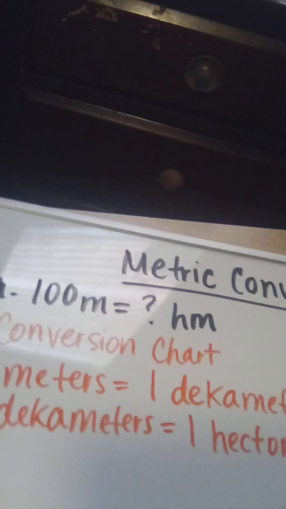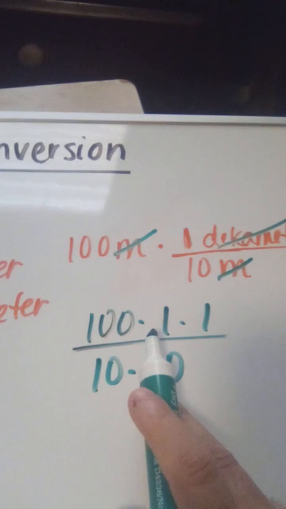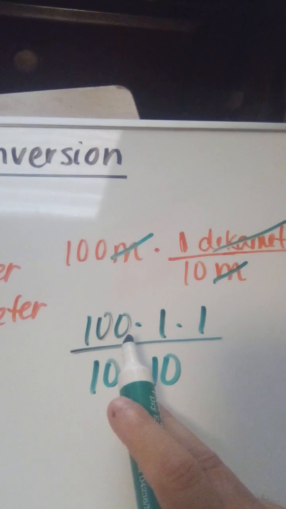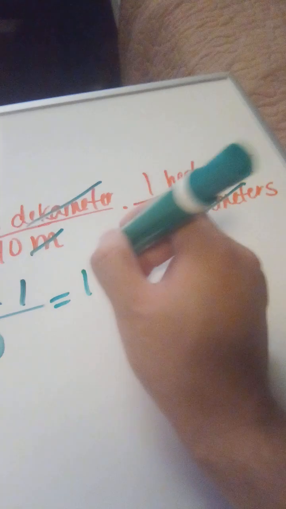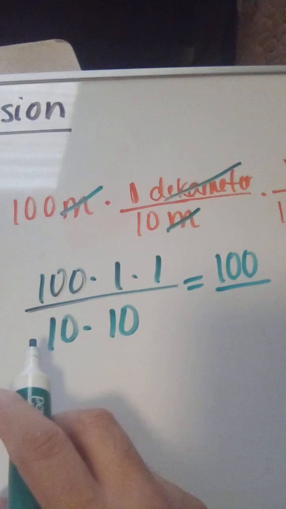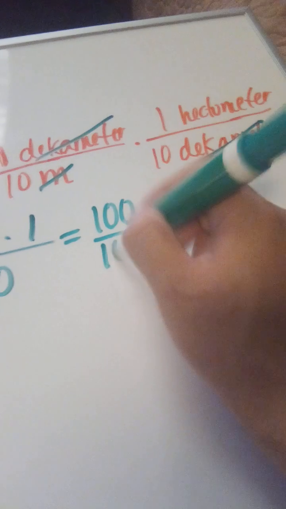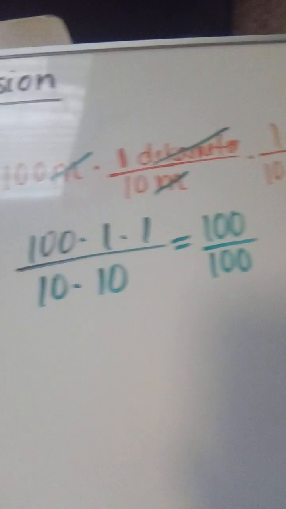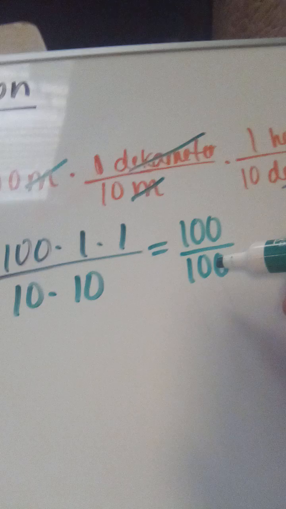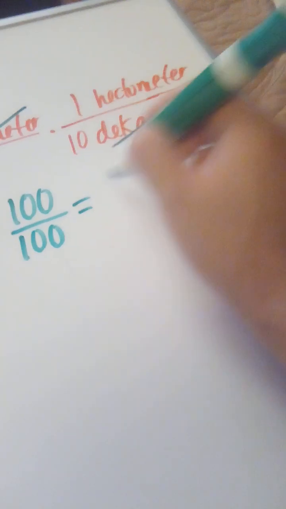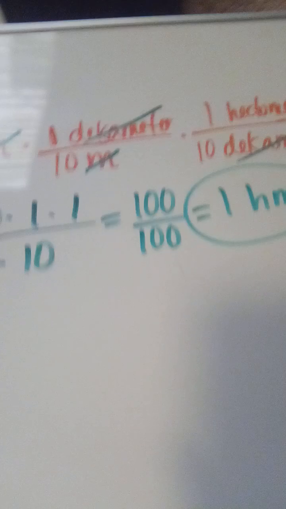Now we'll do the numerator first. We have 100 times 1, which gives 100, right? And then you've got 10 times 10, which is 100. And then 100 divided by 100 equals 1 hectometer. That's our final answer.